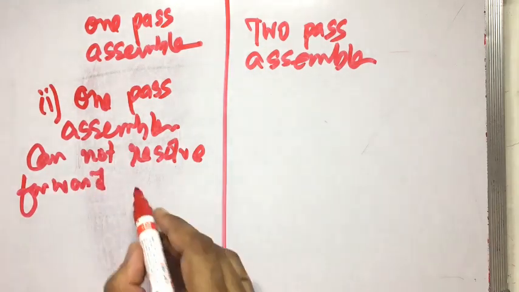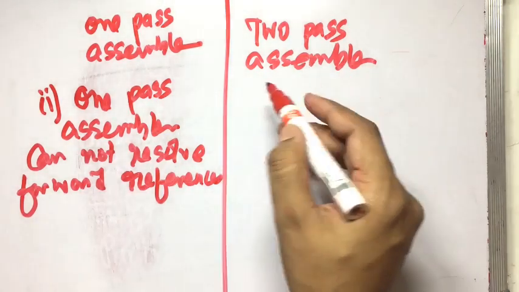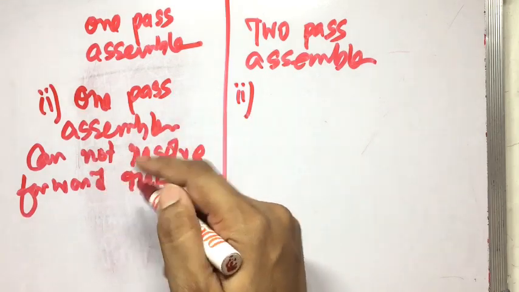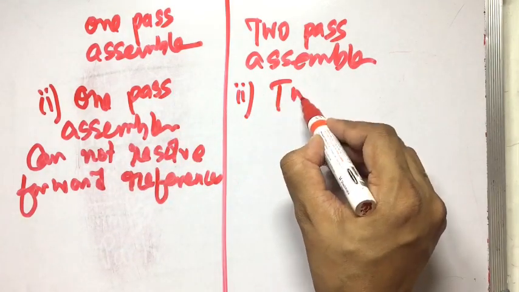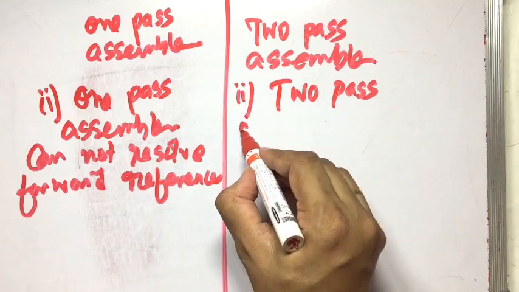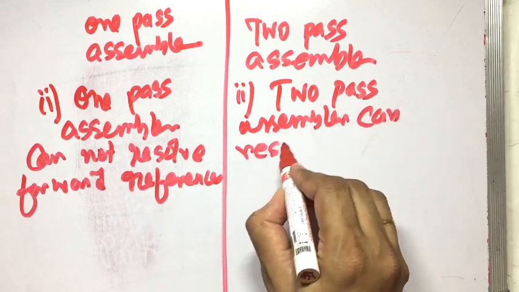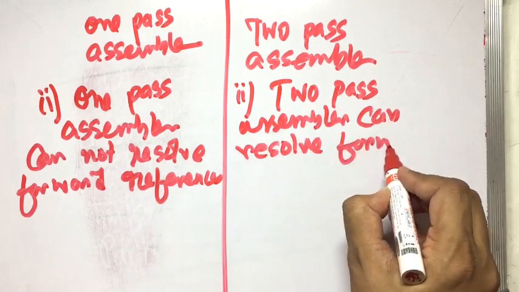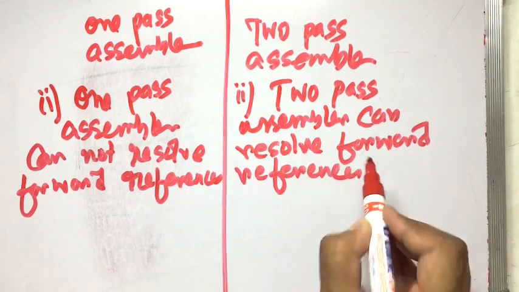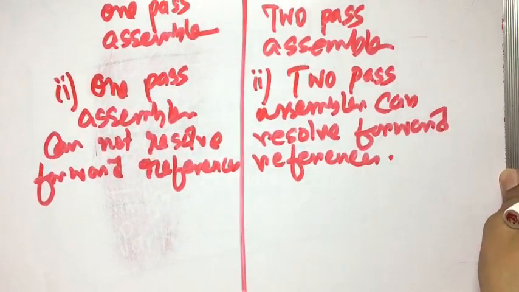A two pass assembler can resolve forward references.